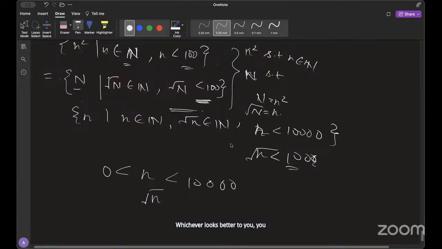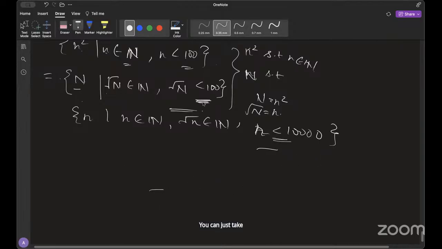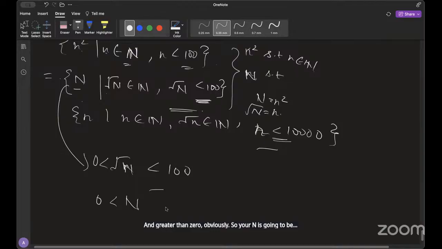If you don't want to make changes to the option you've been given, in this part you have square root of n less than 100 and greater than 0, obviously. So your n is going to be this, isn't it? This part's clear, right?